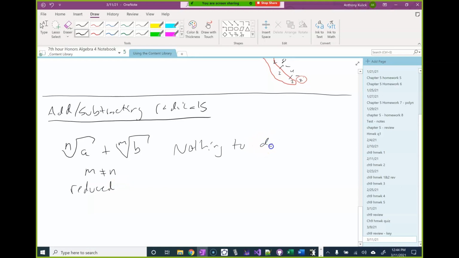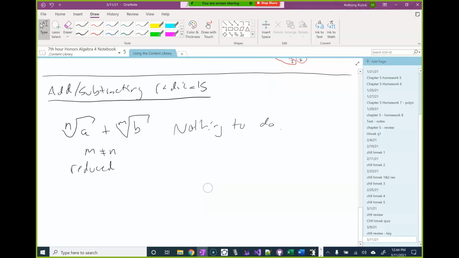Then there's nothing to do. You can't combine 2 radicals that are different if they've already been fully reduced. There's nothing to do.